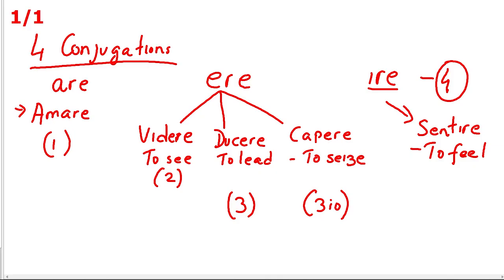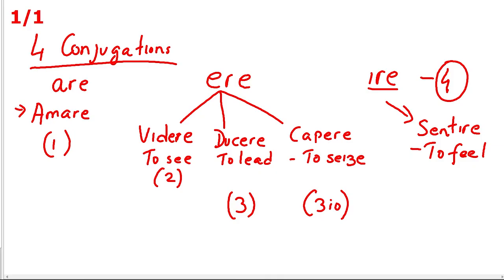Now, another question which is commonly asked: if it is ending in ARE, we know it belongs to the first conjugation. IRE, we know it belongs to the fourth conjugation. Now, what happens about the ERE? It can be either second, third or third IO. Well, the simple solution for this is some basic knowledge of the verbs.